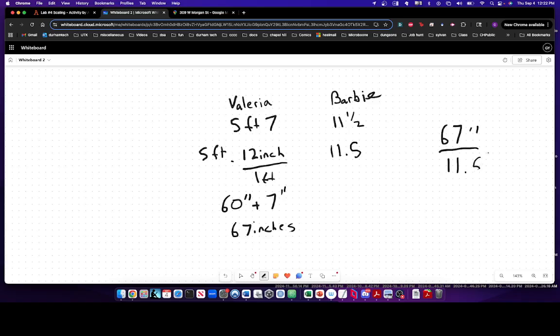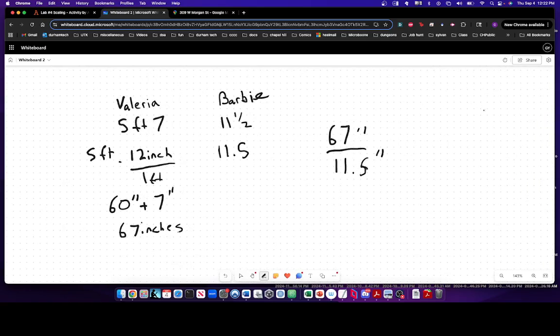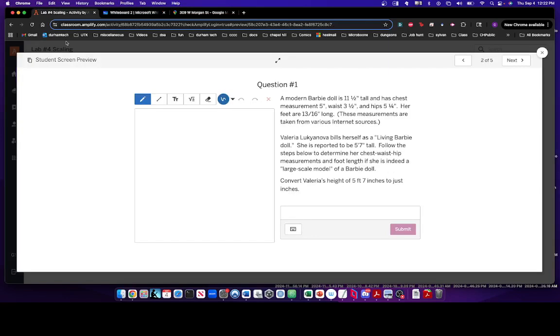So we've set up a fraction that's Valeria divided by Barbie, both of their heights, in order to come up with a ratio that transfers from one to the other. And the way the book tells you to do this is do some cross multiplication. So the next bit, plug in 67 here, so that's her height.